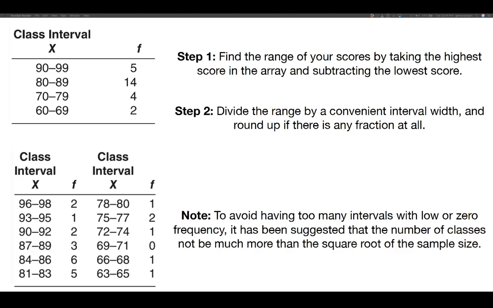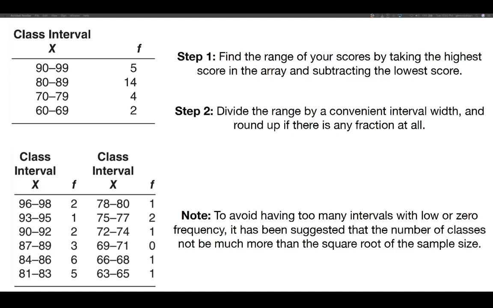Actually, you can start with the upper real limit of the highest score and then subtract the lower real limit of the lowest score. So in this example in table 1, we have 99, so we just add 0.5 to 99, so we have 99.5 minus 59.5, which is our lower real limit.